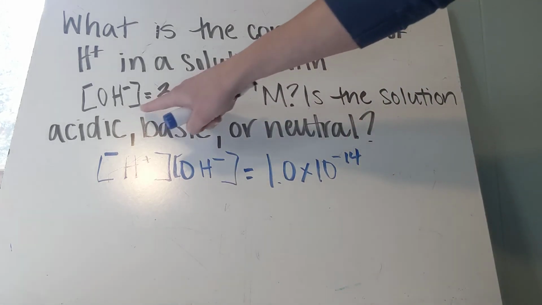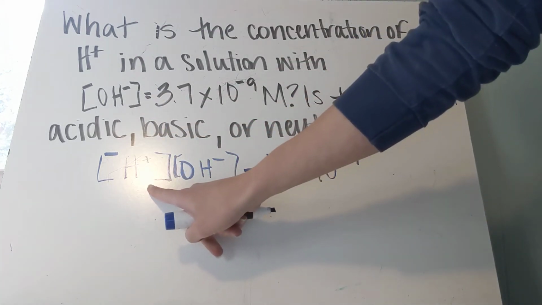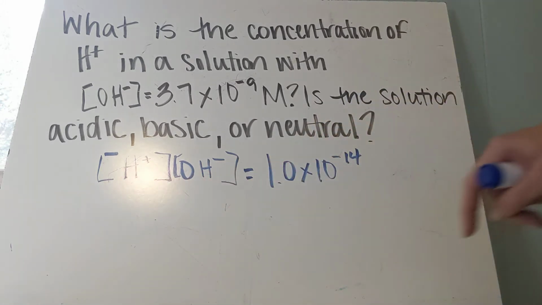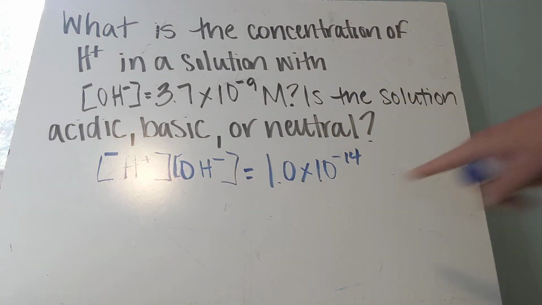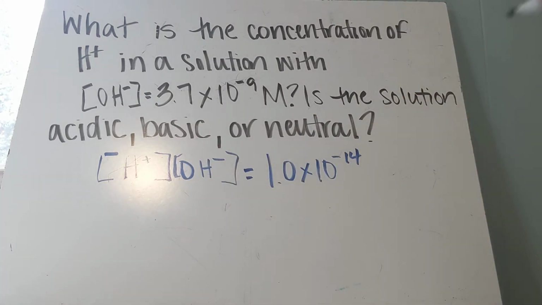We are given the concentration of OH minus. We are trying to find the concentration of H plus. In order to get H plus by itself, I'm going to divide both sides by the concentration of OH minus.